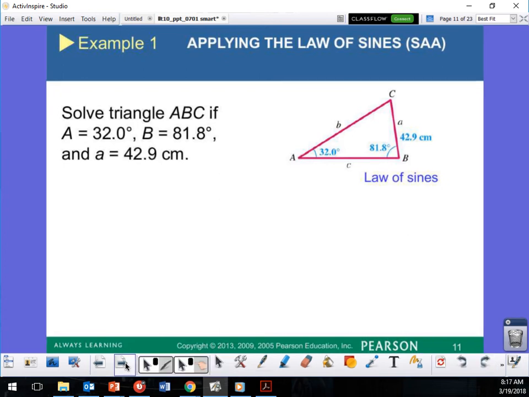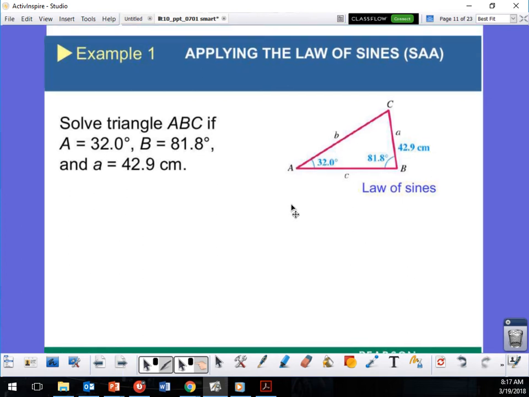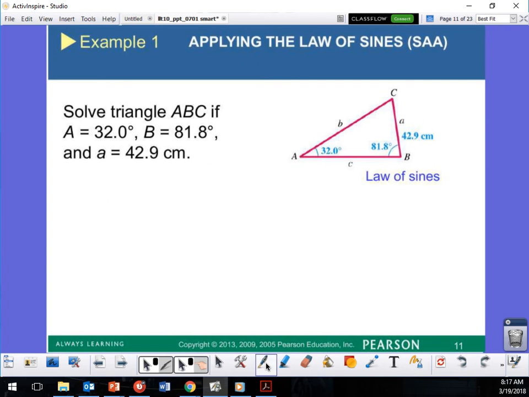So it's going to be 180 minus 32 minus 81.8, which is 66.2. That one is going to be C. Now I know all the angles. That was a very important step.